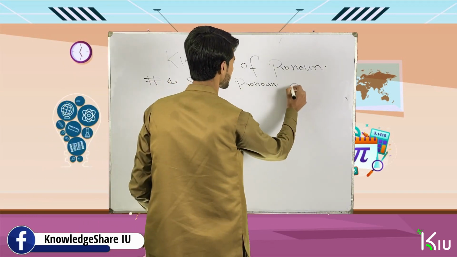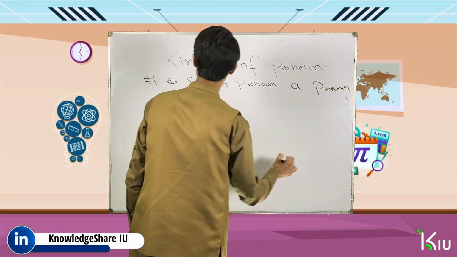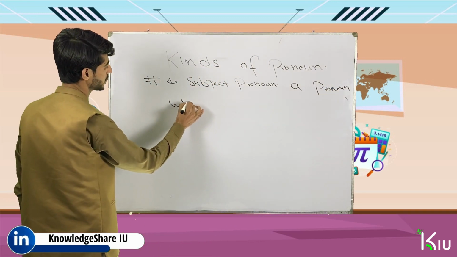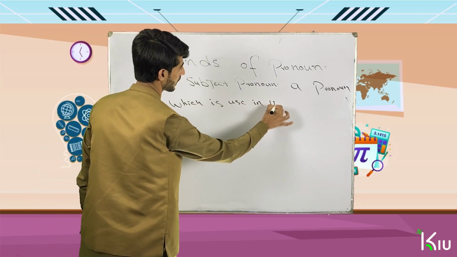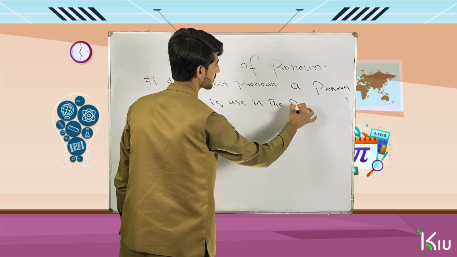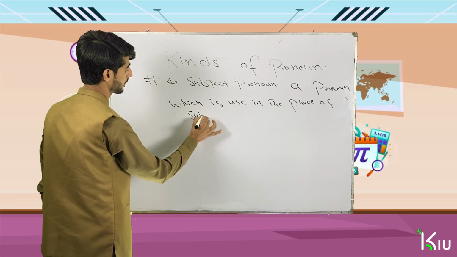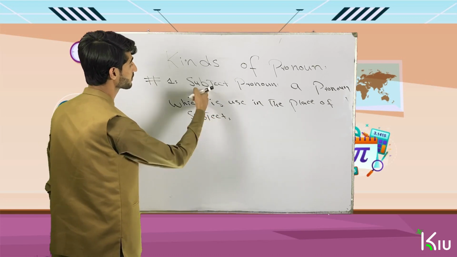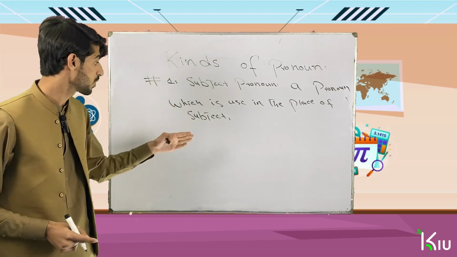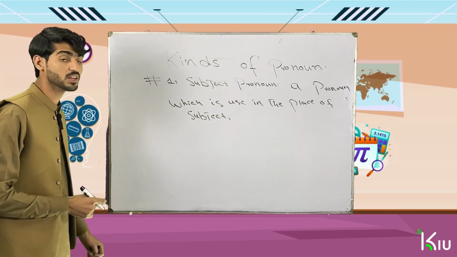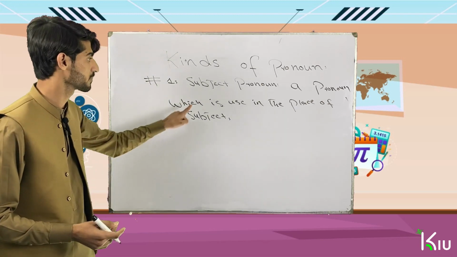A subject pronoun is a pronoun which is used in the place of subject. Then we further divided pronouns in three groups. So first of all, we'll talk about subject pronoun.